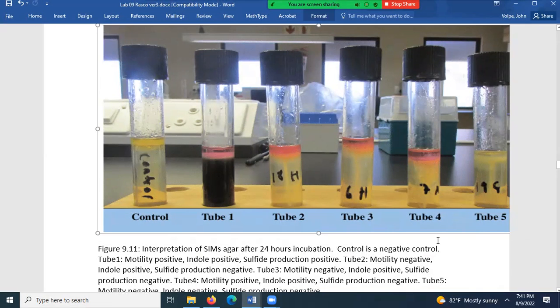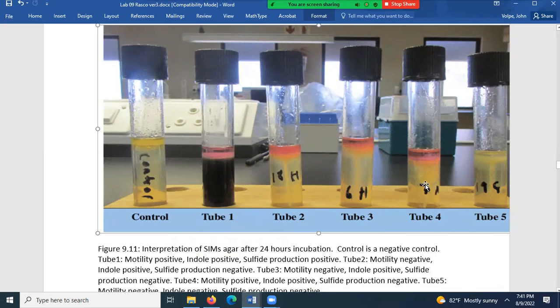You stab, inoculate the bacteria, and if bacteria only grow in the stab, the bacteria is non-motile. So tubes 2 and 4 and probably 3 are non-motile. I think 3 is non-motile. Let me look down here. Tube 3 is motility negative.